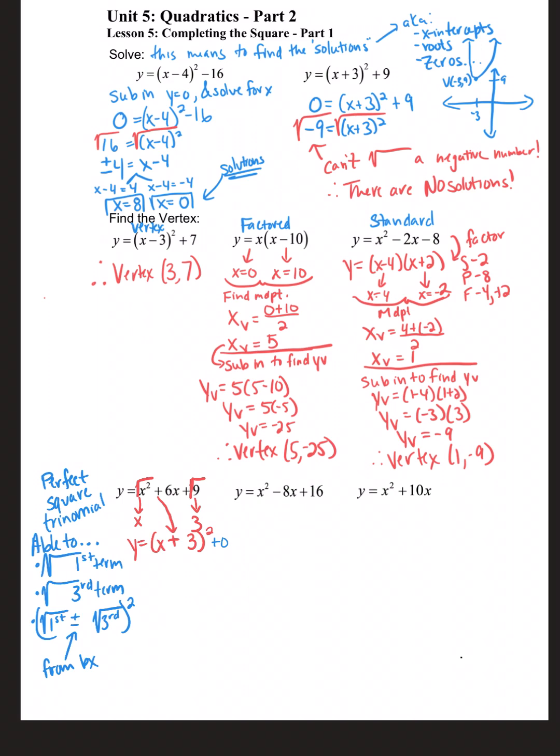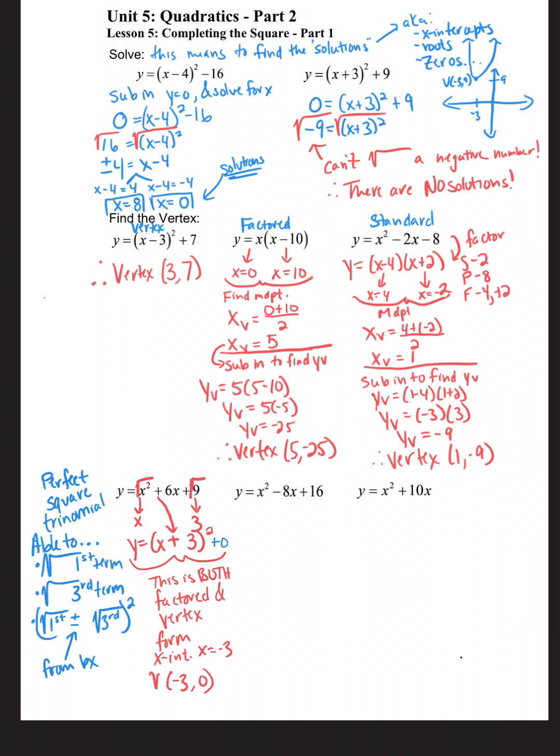So we could say that this perfect square trinomial is both factored and vertex form. We can see we have an x-intercept at x equals -3, and our vertex would be at (-3, 0).